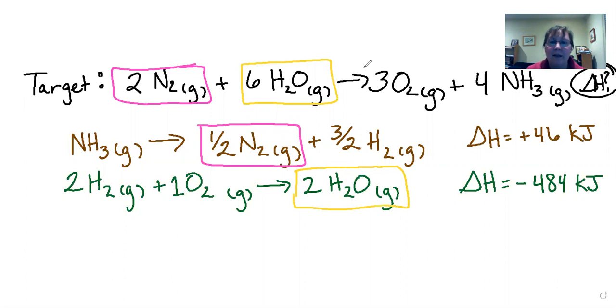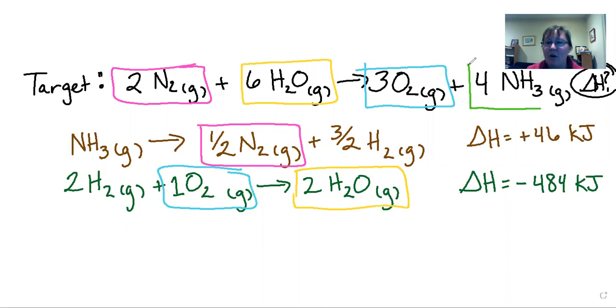And I need 3 moles of oxygen, and here I have 1 mole of oxygen. And then I need 4 moles of ammonia, and here I have 1 mole of ammonia. And then I have some hydrogen that I know I need to get rid of.